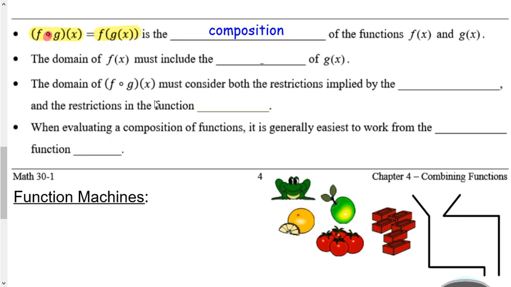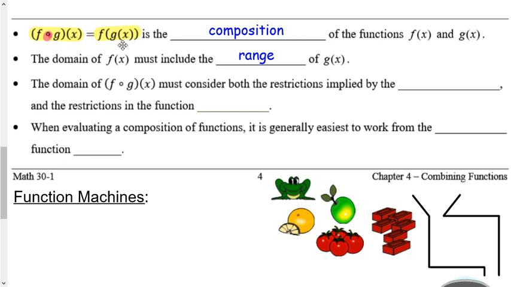The domain of this f of x function must include the range of the g of x function. Well, think about what's happening here. As input, my function takes an x value. The g of x function performs some operation on it and it gives output. That output becomes the input of f of x.